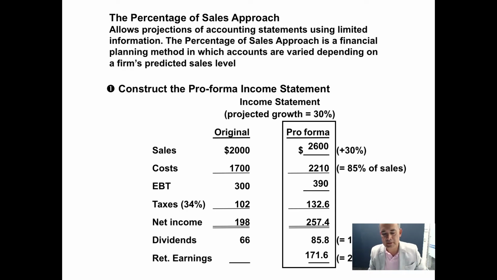For instance, we can change our dividend payout, we can change our profit margin, and we can also change many other things, such as if we are going to raise some money in the way of debt, this debt has to pay some interest, and that interest can be put again into the income statement in order to calculate the new retained earnings for my project or for my business. So as you could see, there are definitely many assumptions that can be changed using the percentage of sales approach.